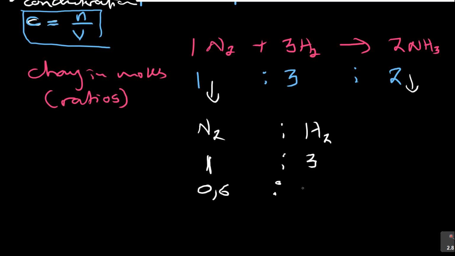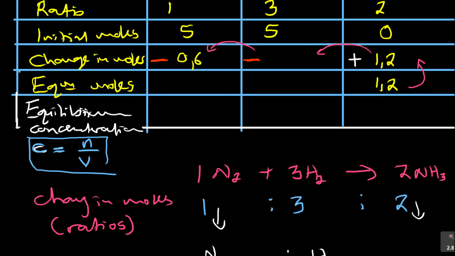So what about 0.6? It's 0.6 times 3, which is 1.8 here. You can use cross multiplying again, where you put x here: 1 times x is equal to 3 times 0.6, which is 1.8.